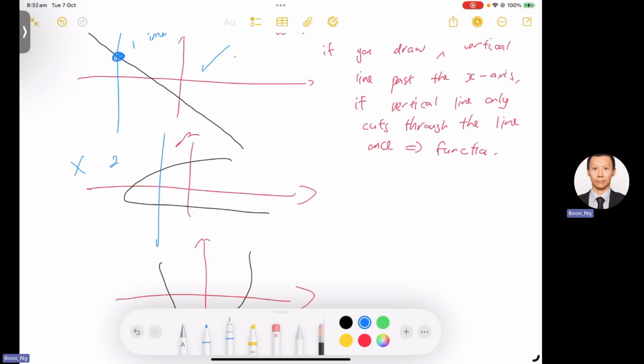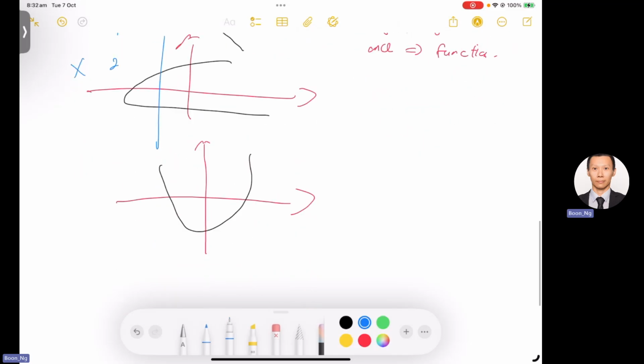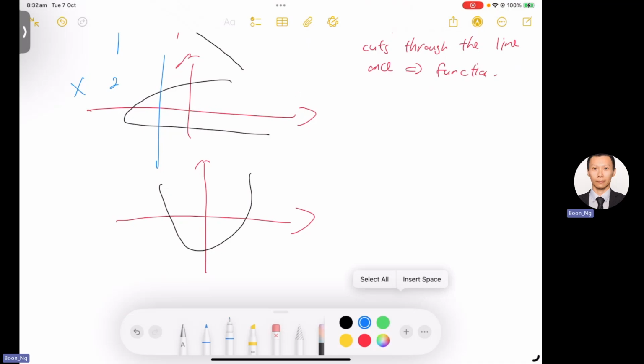Of course, you need to pick the most. And for the third example, it is one intersection. Of course, I didn't draw it nicely, so for this section it does look like it will cut through more than once, but if you plot it nicely, the vertical line will only cut through once.